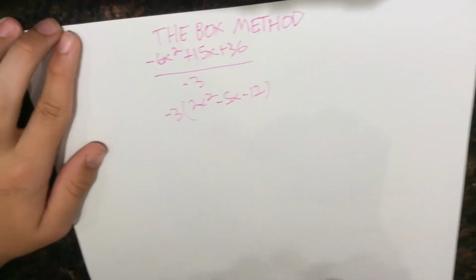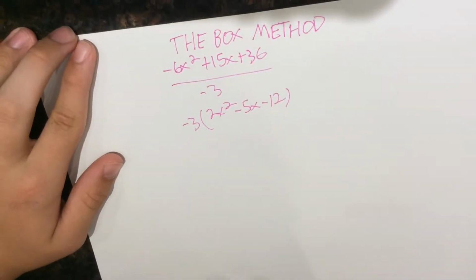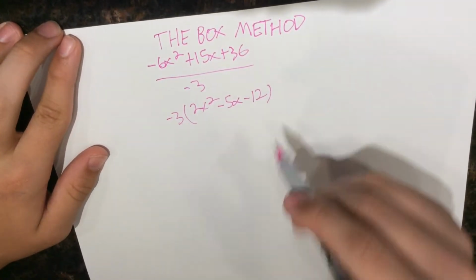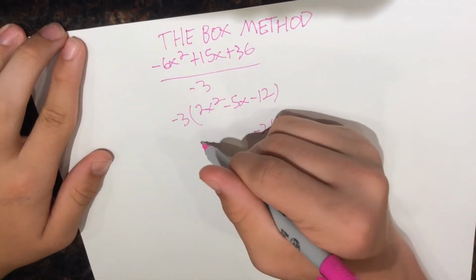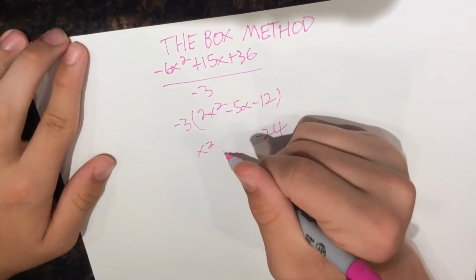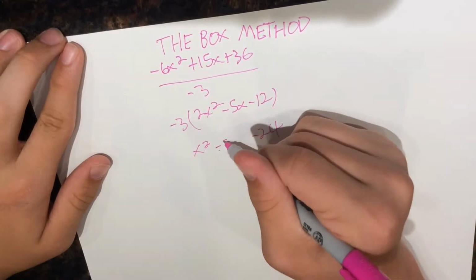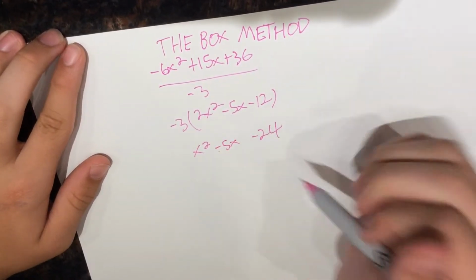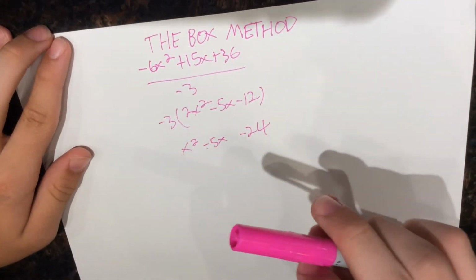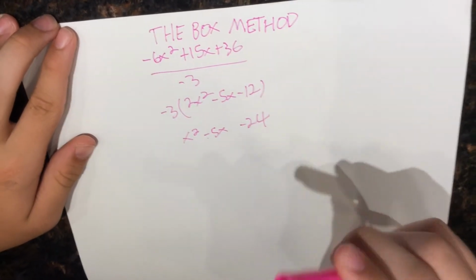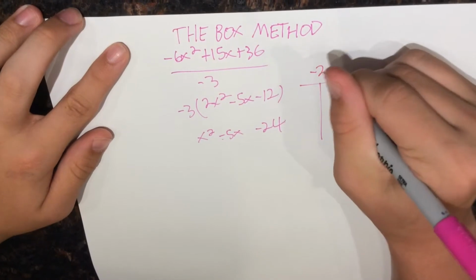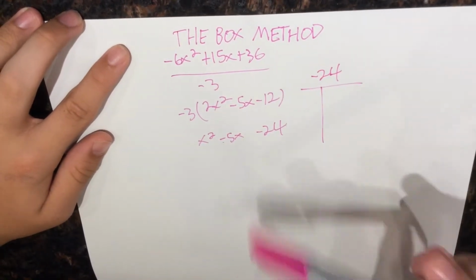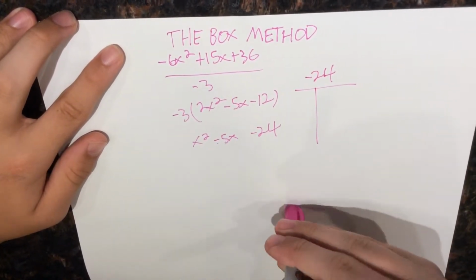And with this, we are going to multiply 2 by negative 12 to get negative 24. So then, we can finally factor x squared minus 5x minus 24. With this, we're going to show all the factors of negative 24 to see which of them add up to negative 5.